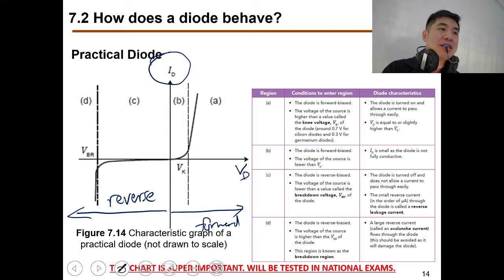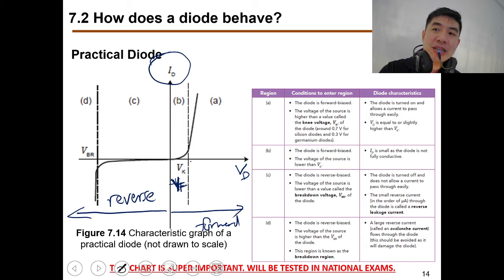What this graph is telling you is this: VK is normally the knee voltage, which is the forward voltage, so VK equals VF. Let me write it properly. This is VF. VK is equal to VF.